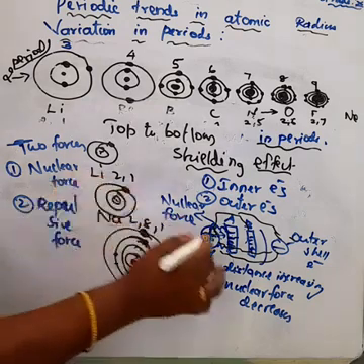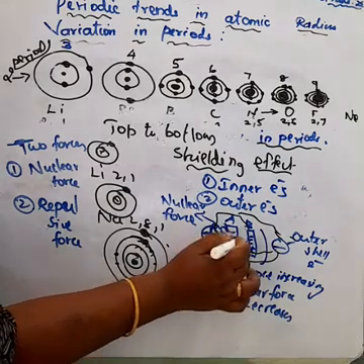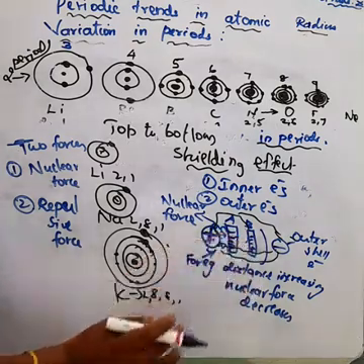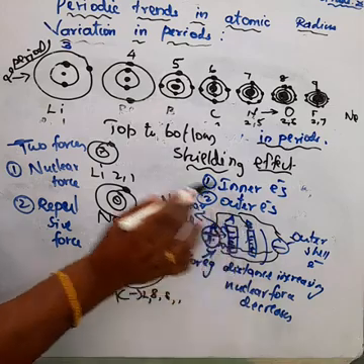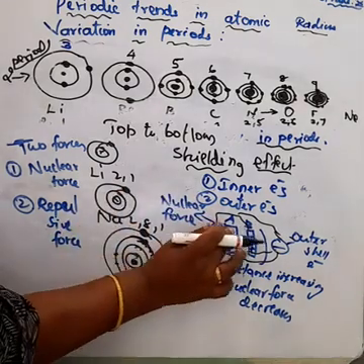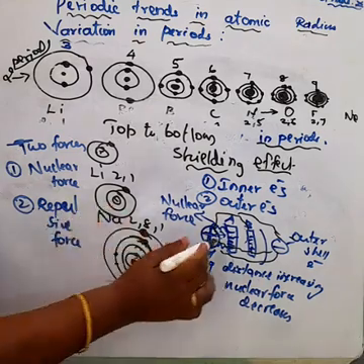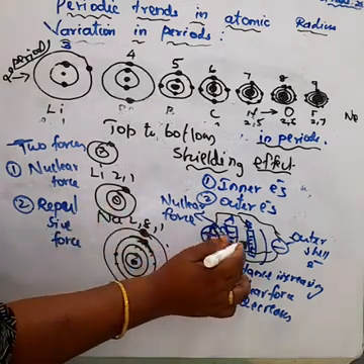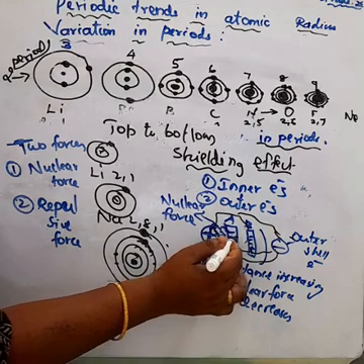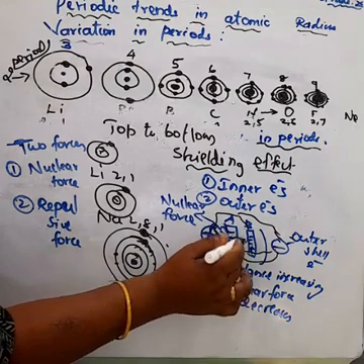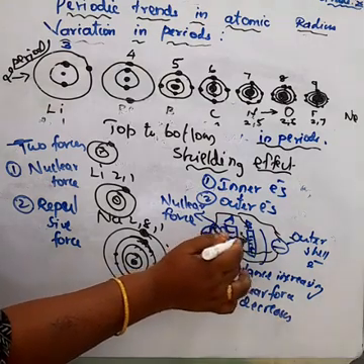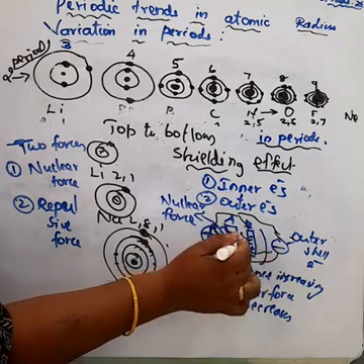But here, when considering the A orbit and B orbit, the A orbit electrons completely repel the B orbit electrons. The electrons in the A orbit always completely repel the electrons in the B orbit.